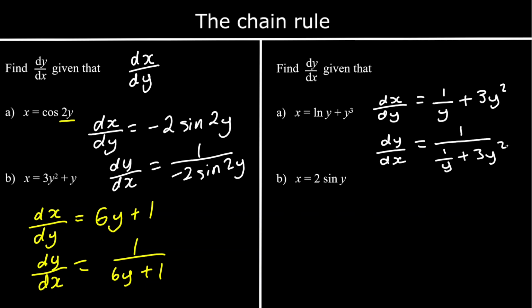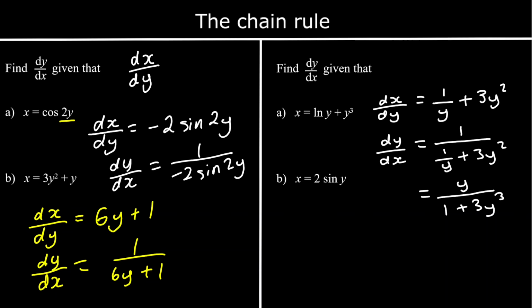I don't really want to leave it like that. So I'm going to times top and bottom through by a y. So it's going to be y over 1 plus 3y cubed. So timesing top and bottom by y changes it so I don't have a fraction in the denominator.